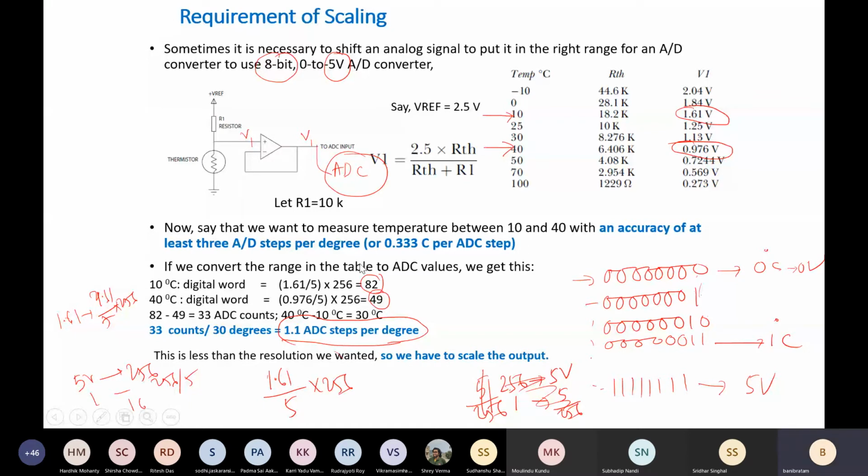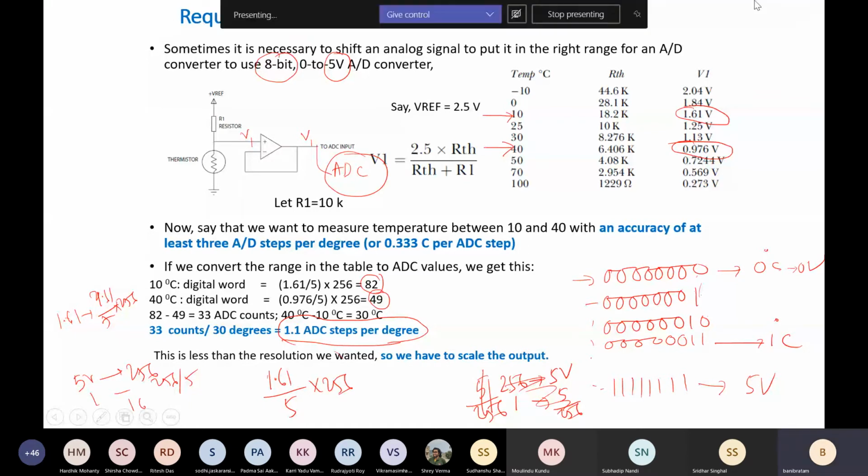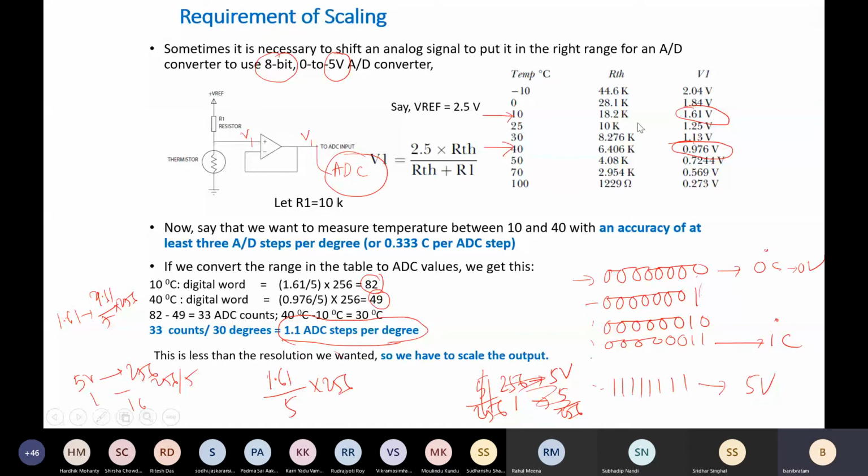Suppose a problem is given to you that you want to design a temperature measurement system using an embedded controller. You can see that if you simply convert to digital bits, then 1 degree centigrade temperature corresponds to 1.1 ADC step.